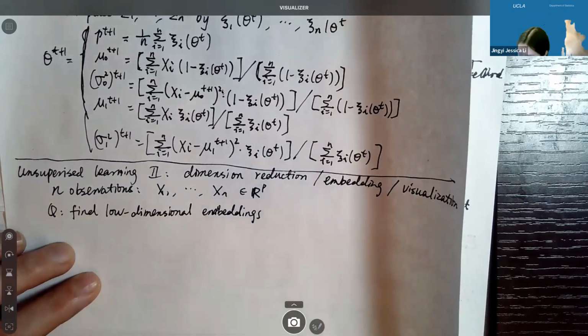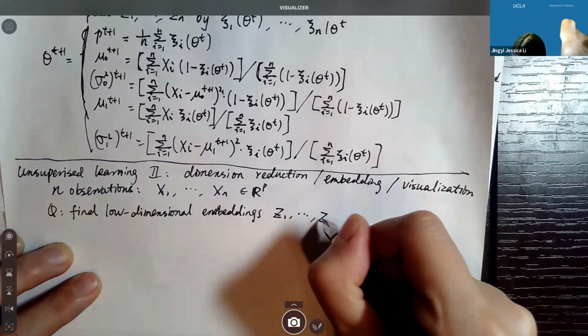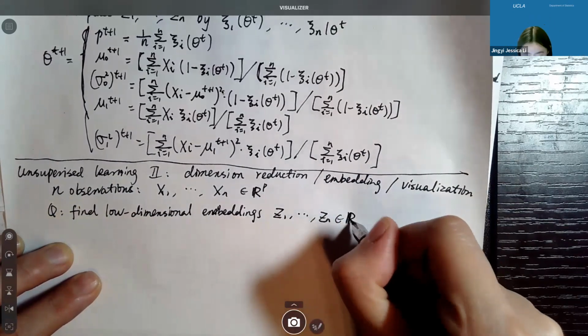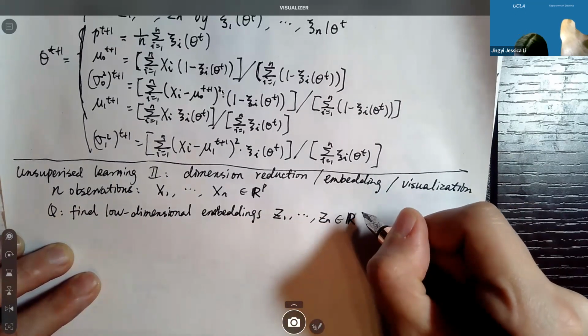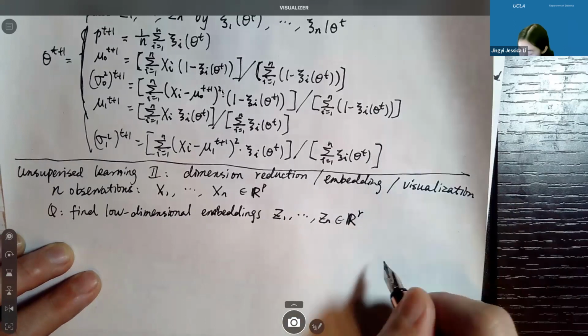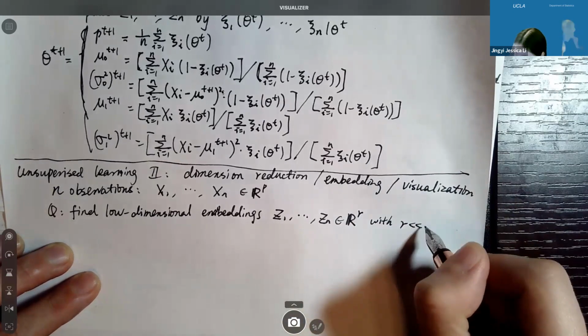So they mean that we want to find another n vectors, each are, let's say, r-dimensional, with r much less than p.